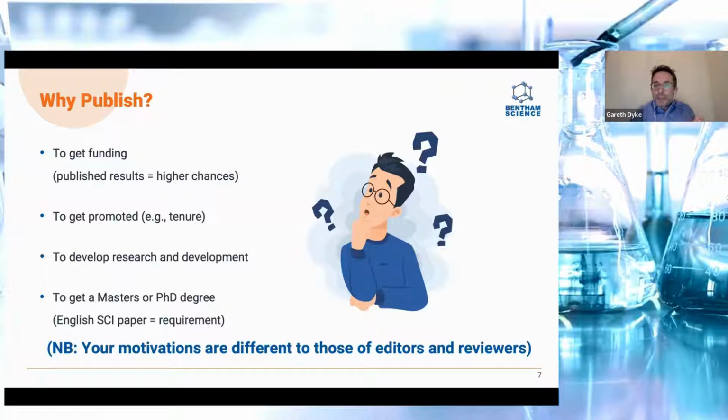They want to get papers published to get promoted or get tenure, to get their master's or PhD degree. And perhaps that's you. Perhaps you're in that position at the moment. Of course, many universities around the world have that requirement. They say, in order to get your PhD, you must have a certain number of papers in Scopus Q1 journals.